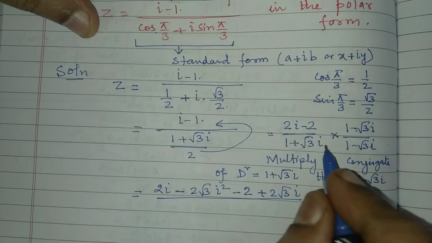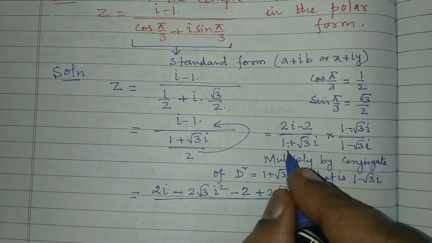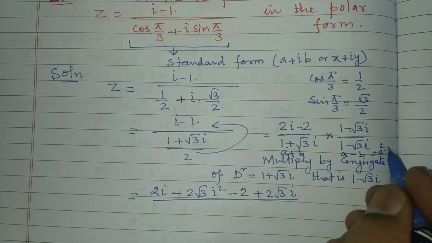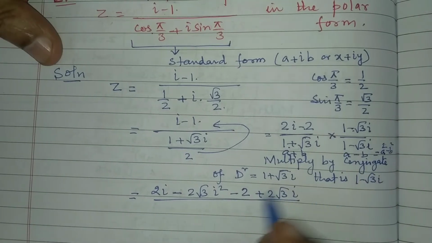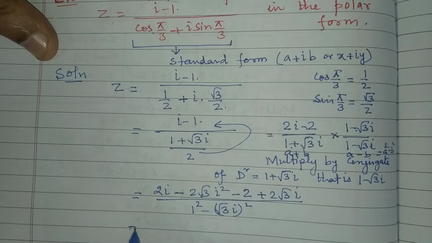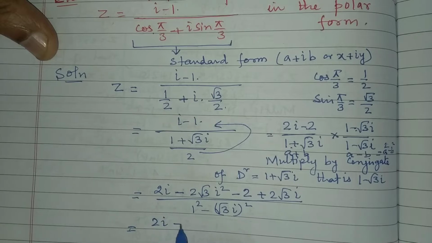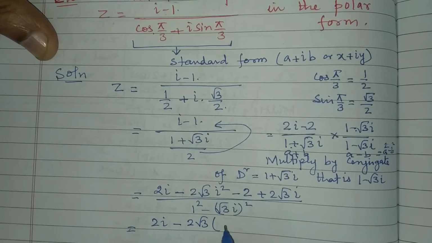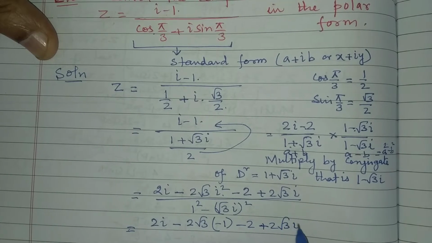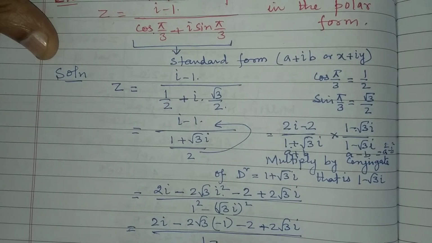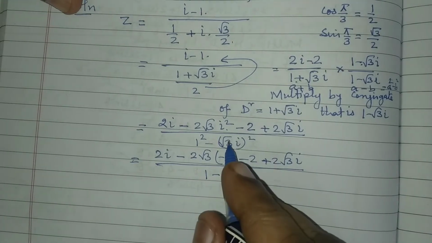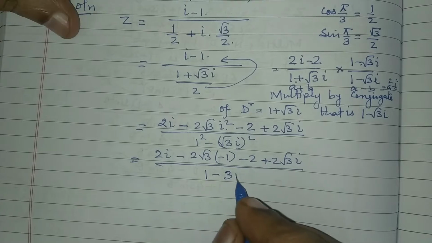In the denominator, a plus b times a minus b is a square minus b square, so it is 1 square minus (root 3i) whole square, which is 1 minus 3i square.